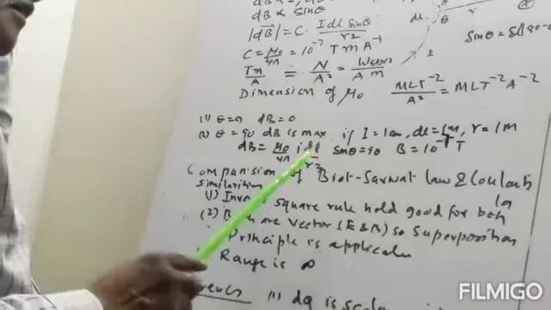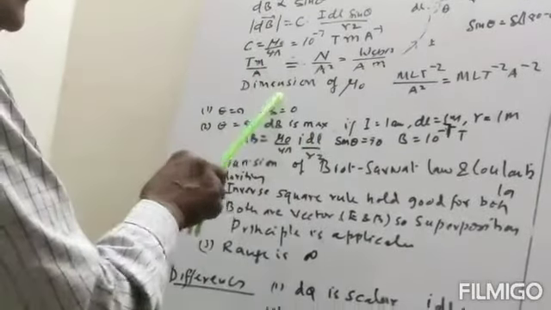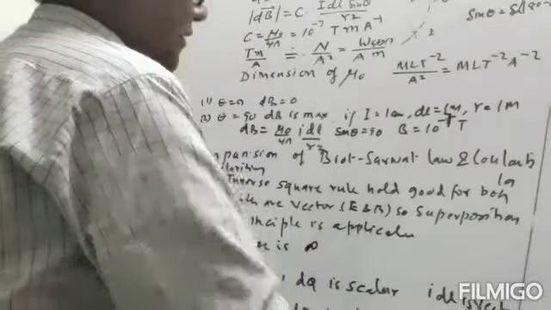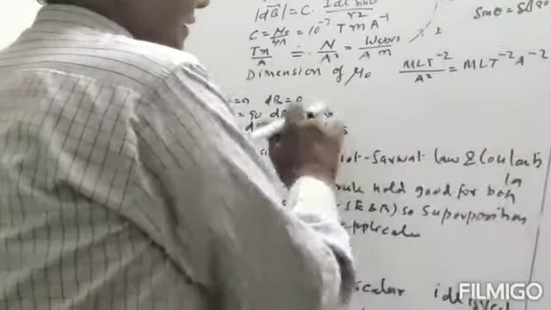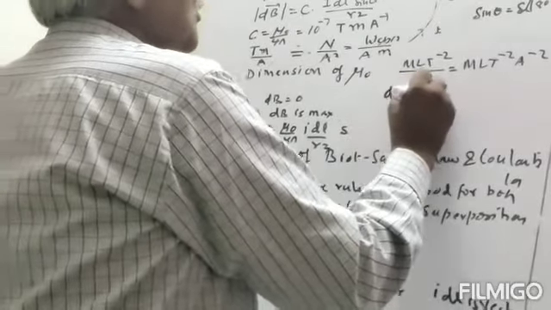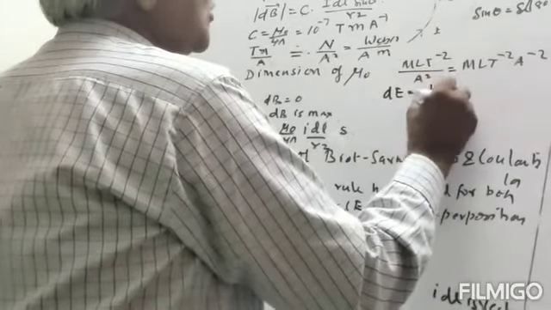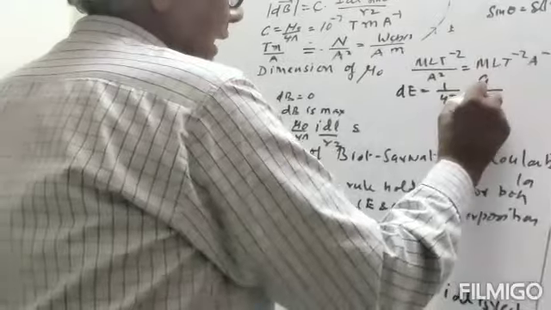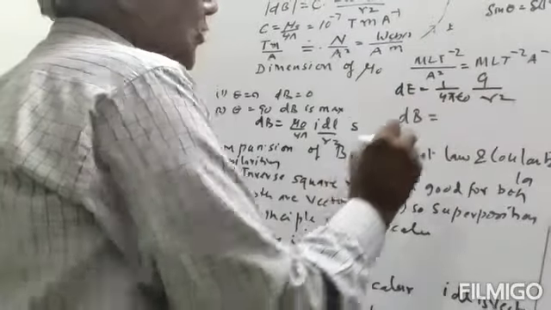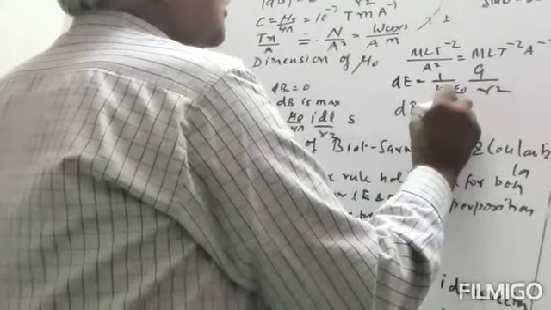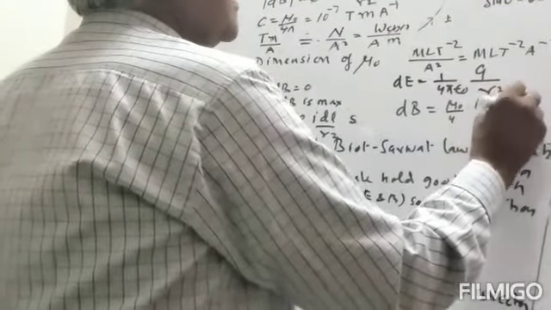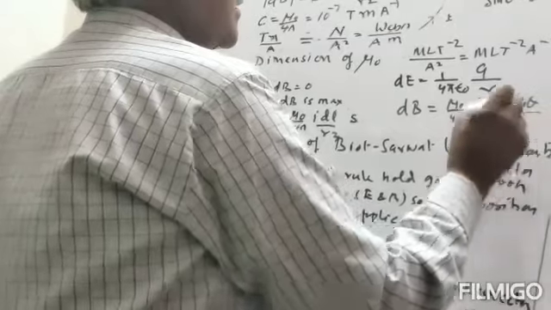So we have a magnetic field and we have an electrical field, and in the electrical field and magnetic field we can write electrical field dE is equal to 1 by 4 pi epsilon 0 Q divided by R squared, and dB is equal to mu 0 by 4 pi I dl sin theta by R squared.